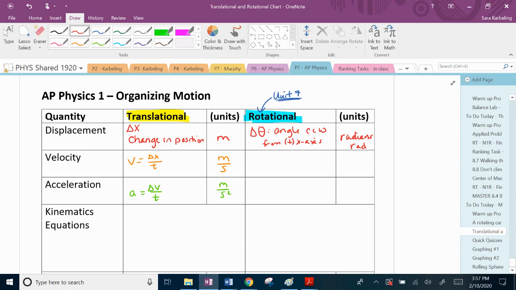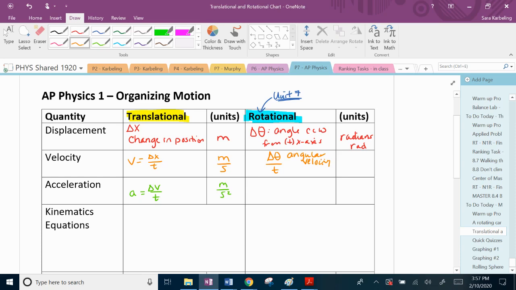I want to get all these pounded out here though. Just like translational velocity is change in position over time, same here. It's the change in theta over time. That's all it is. No big deal. Delta theta over t. This thing is known as angular velocity, or rotational velocity.